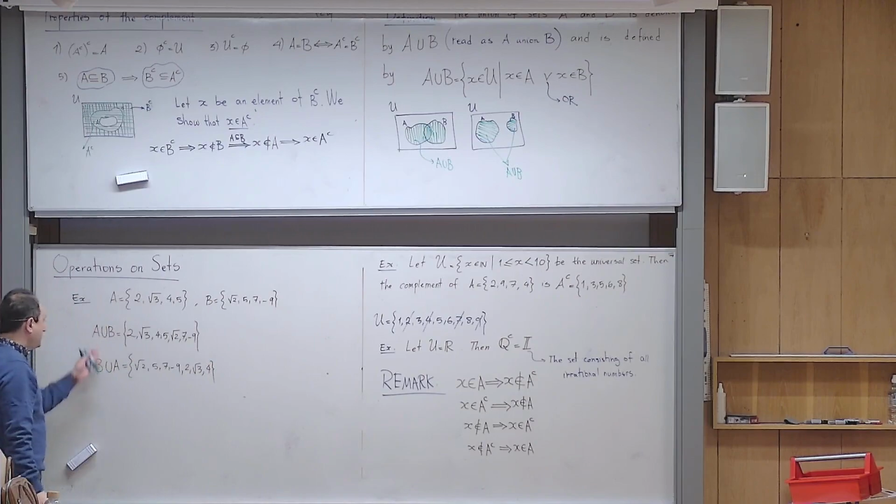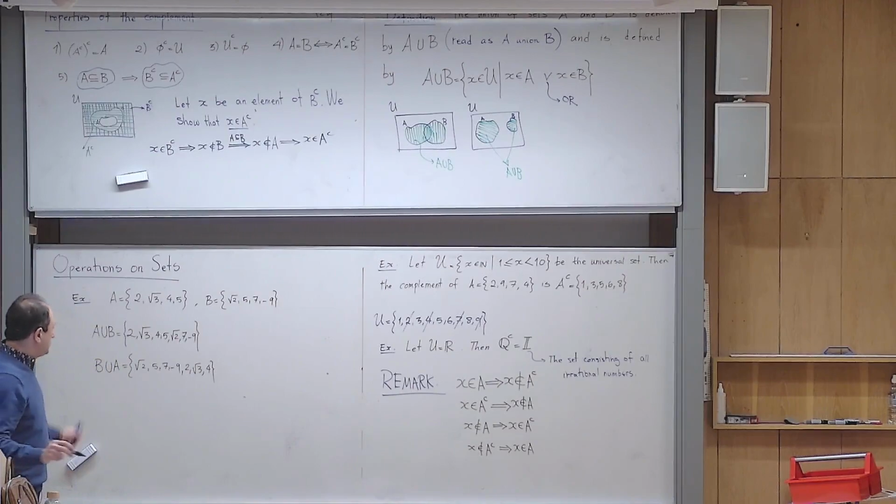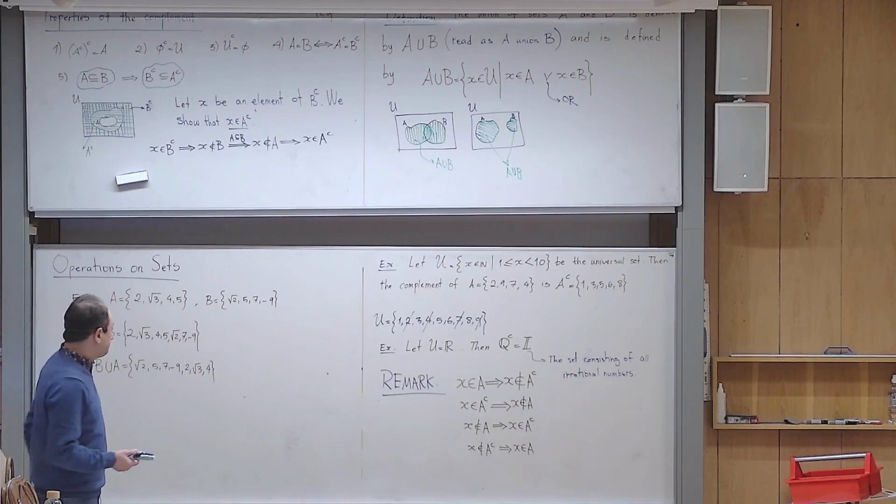But then what happens? A union B and B union A, are they the same sets? Yes, they are, because I told you that in sets, order doesn't matter. So yes, A union B and B union A are the same. And I hope you agree with me intuitively, this is always the case. It does not depend on which sets you're looking at.